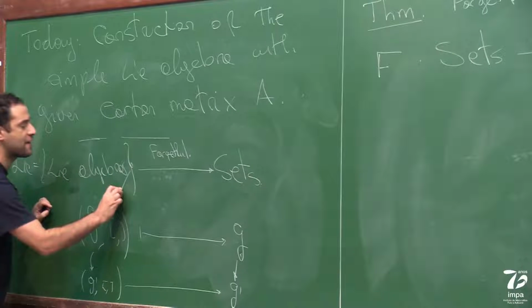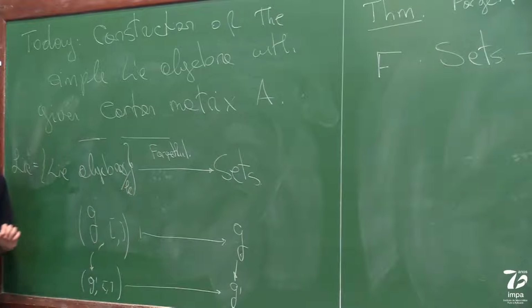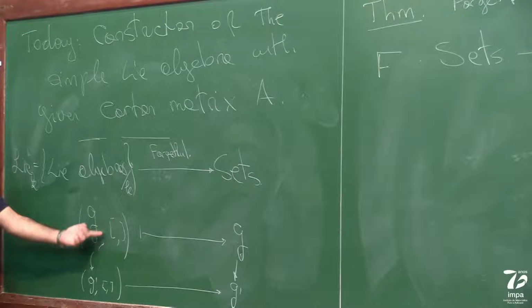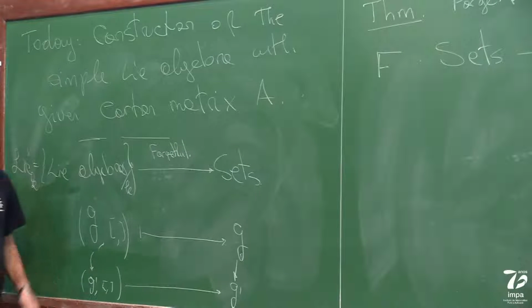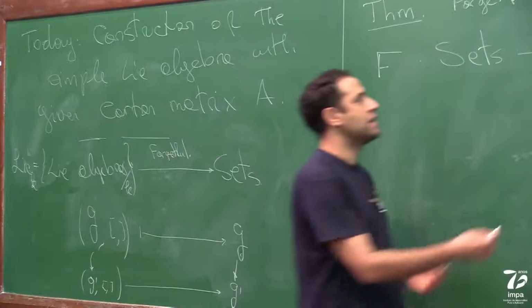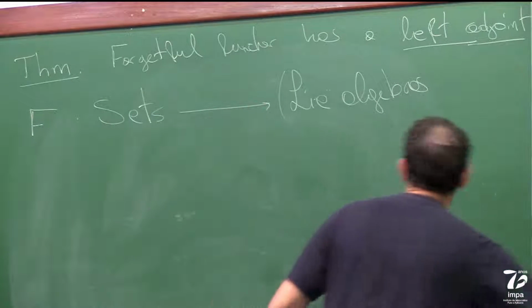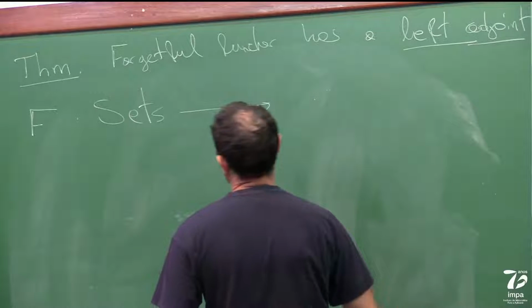But Lie algebras over a fixed field, they are. So if I fix K, then Lie algebras over K form a category. These are morphisms of K vector spaces that intertwine their brackets. And for each K, I have an adjoint functor from sets to Lie K.